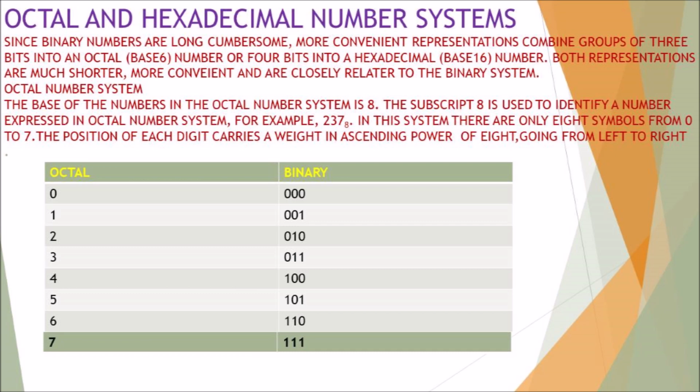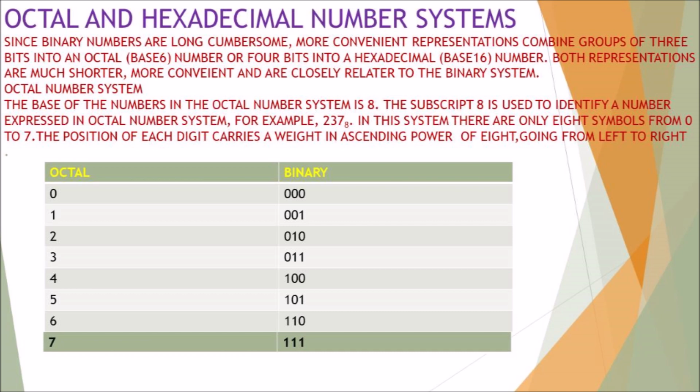Here you see the example, the given binary number is 1100 and 1111. So you have to group as 3 digits from the rightmost bit.